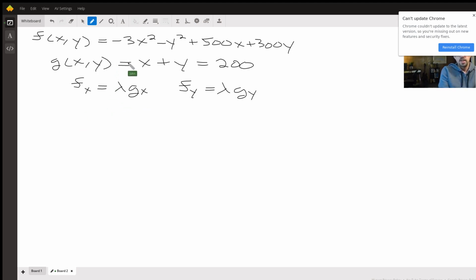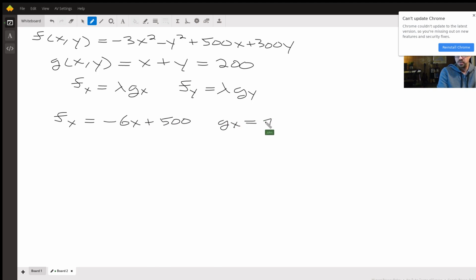Okay, so these actual partial derivatives are super easy. The partial derivative of f with respect to x is just a straight up partial. It's negative 6x plus 500, right? Let's just do them all. The partial derivative of g with respect to x, well, look at g.